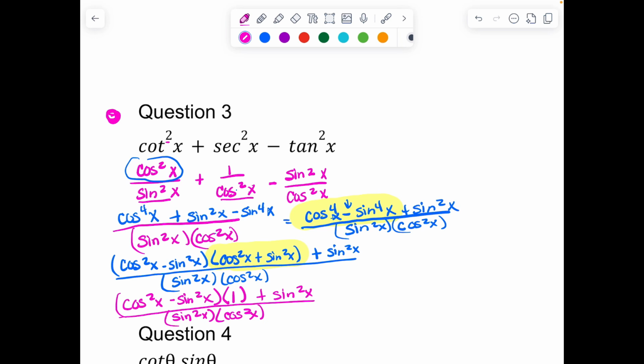Well, obviously the 1 doesn't change anything. If we simplify the top, we have cosine squared x minus sine squared x plus sine squared x, all over our common denominator.